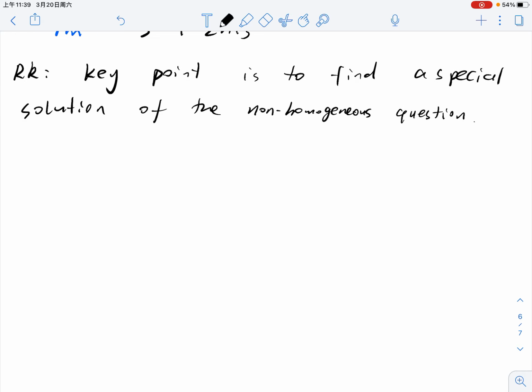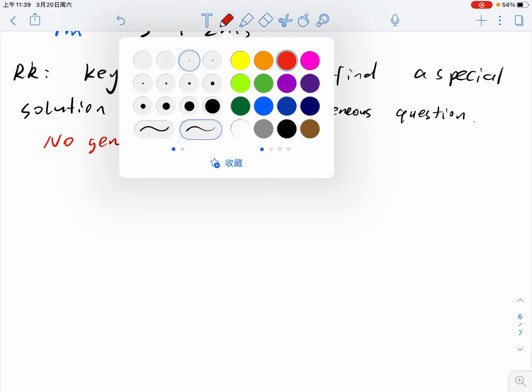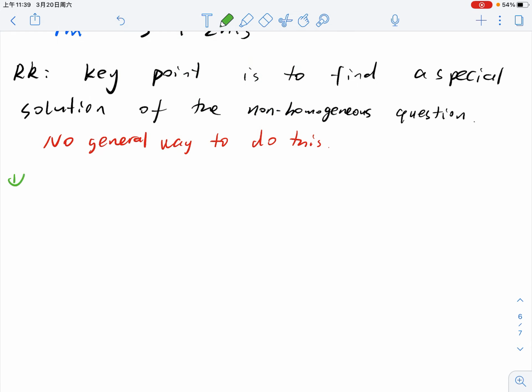And in general, there's no systematic way, no general way to do this. And we only know some partial results. The first one is if Bn is a polynomial, then it's easy.